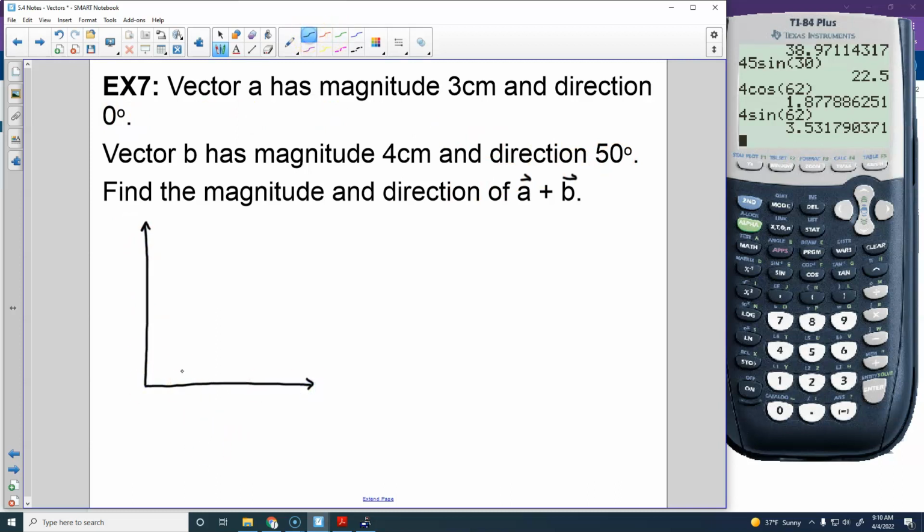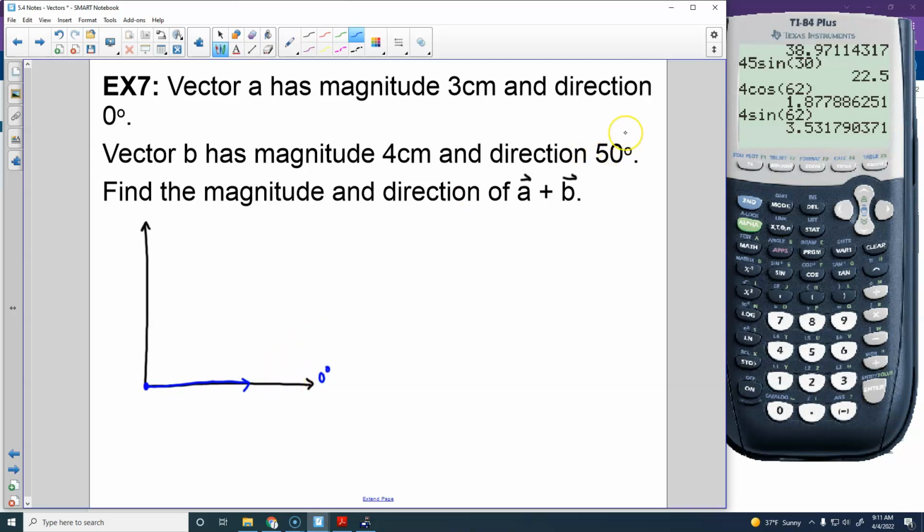So we have 0 and 50 degrees, so we're looking in the first quadrant here. Vector A has a magnitude of 3 and a direction of 0 degrees, so I'm going to draw it along the x-axis.